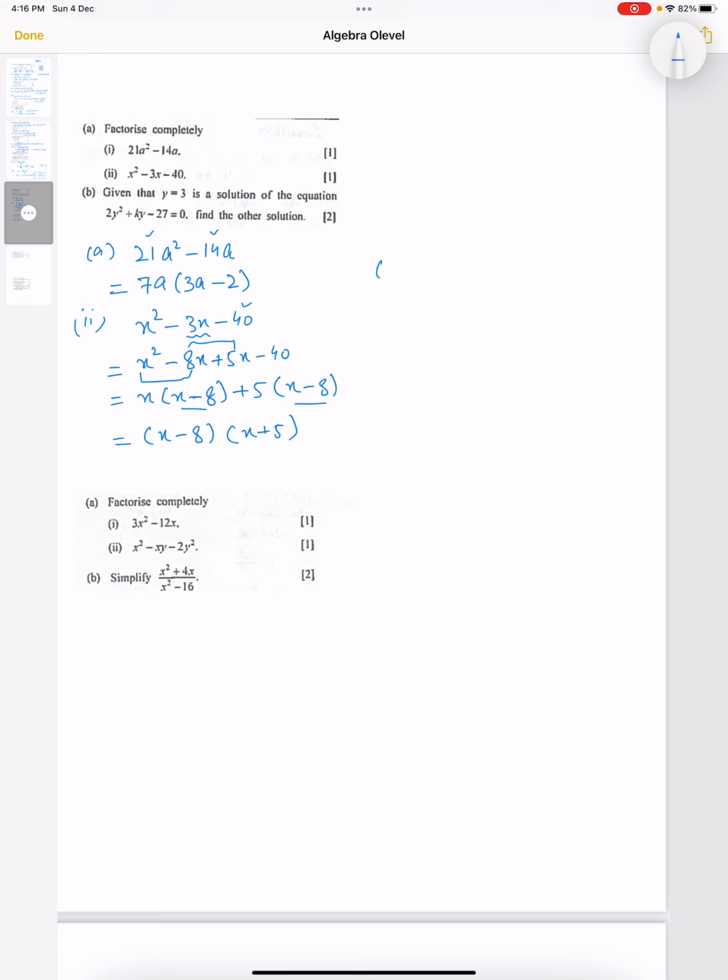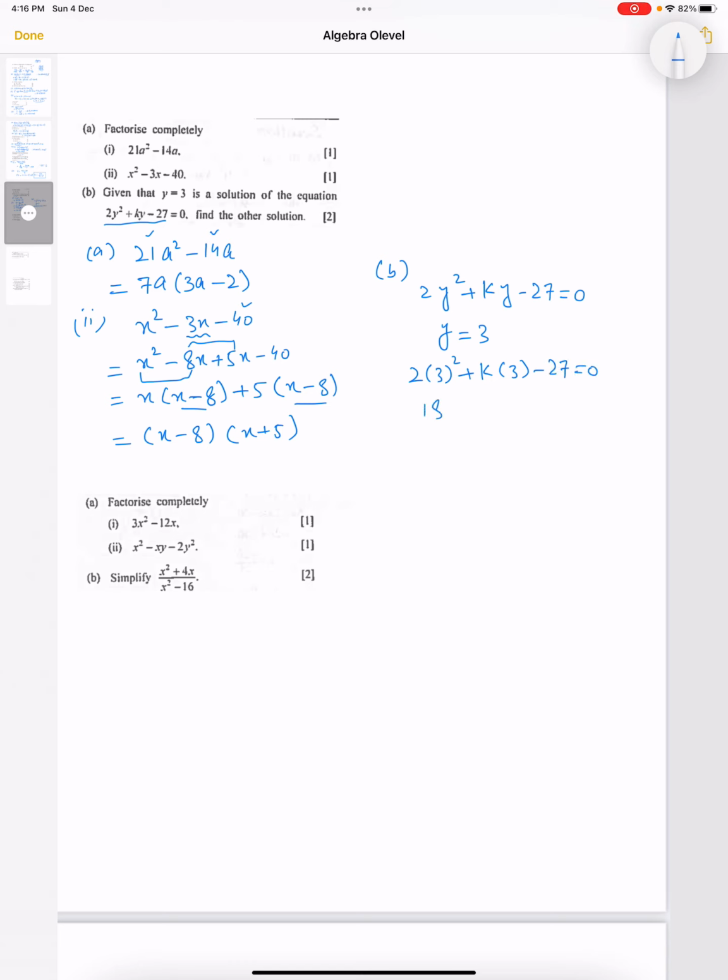Now it's b part. y is equal to 3 is the solution of this equation. The equation is 2y square plus ky minus 27 is equal to 0. Find the other solution. Simply, since y is equal to 3, let's put 3 in place of y. So we have 2 times 3 square plus k times 3 minus 27 equal to 0.